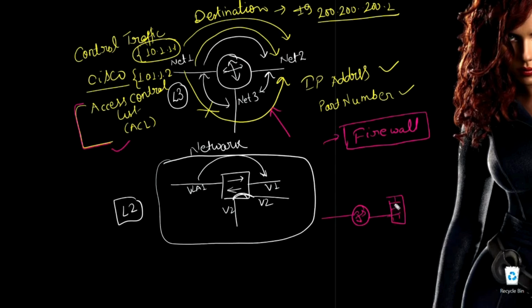Our router will be forwarding traffic, and now this control will be done via this firewall. That's how we implement it. Now the question comes, what exactly can a firewall do? Now I'm quite confident you know what exactly a firewall is doing. Basically the job of our firewall is to control the traffic.